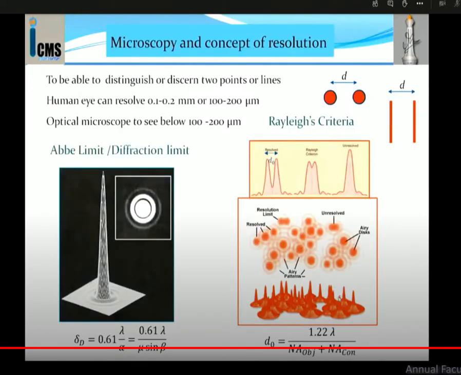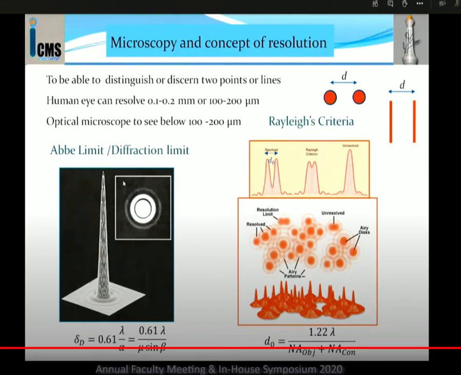So now coming to microscopy and the concept of resolution. We define resolution as the ability to distinguish or discern between two points. You all know the human eye can resolve at most 100 to 200 micrometers, and an optical microscope is used to see features below 100 to 200 micrometers.